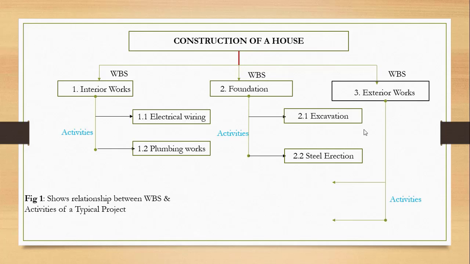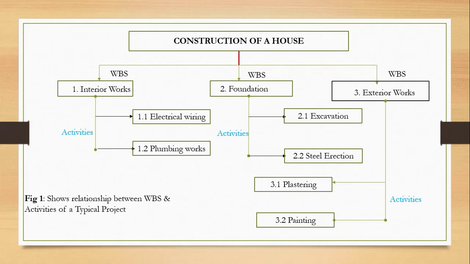Now let's look at exterior works. For exterior works too, we can talk of plastering as an activity under the WBS, which is the exterior works, and we can also talk of painting. So you can see that for each of these WBS, the project has been subdivided into activities.